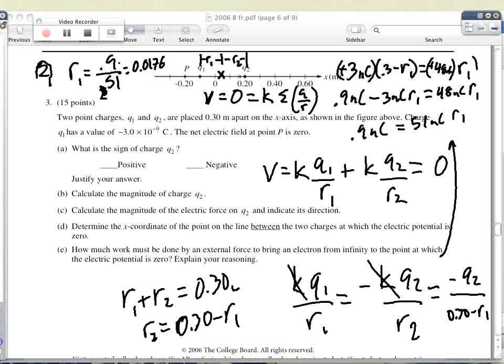That's from this, right? Now let's see. Determine the x-coordinate of the point. So be careful. This is R1. So what do I have to subtract here? Do you see what I'm saying? This distance is from Q1. So 0.0176 from Q1, which is, whoa, that's really tiny.